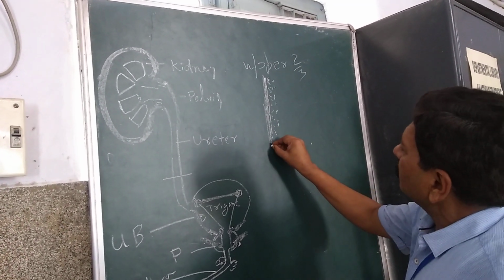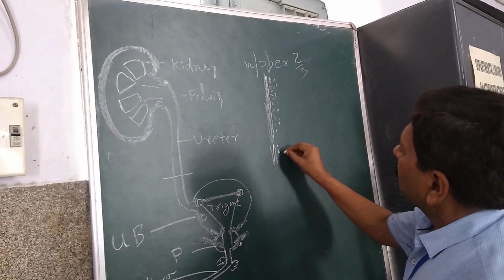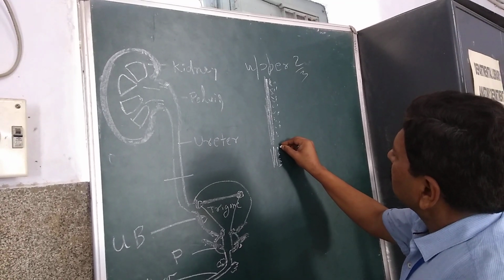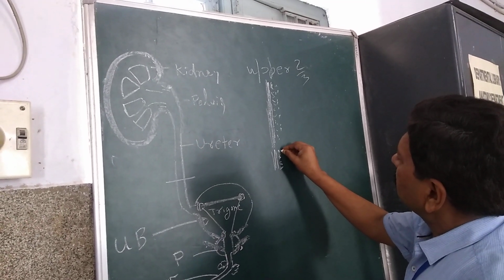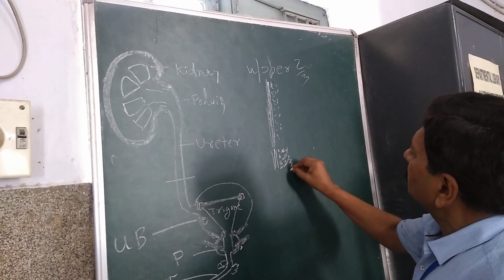In the case of the lower one-third, there is a third layer: outer longitudinal, middle circular and inner longitudinal.